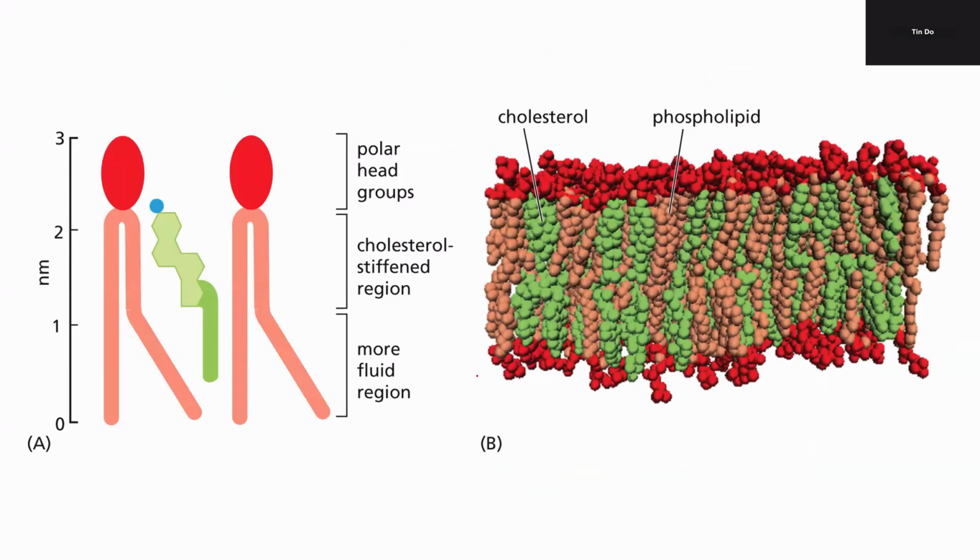Now, if we take a look at this next slide right here, we can see that a lot of the times we're going to have cholesterol embedded inside the phospholipid bilayer. Now, again, cholesterol is one of those weird things where depending on the concentration, it either makes it more fluid or less fluid. But I don't want you guys to get too caught up on that. Just know that cholesterol is there to kind of inject instability into stacking structures. But in some concentrations, we do see the cholesterol-stiffened region.